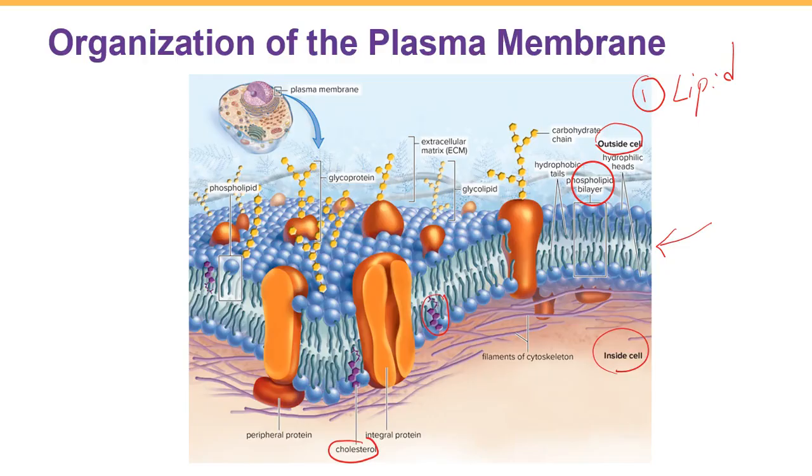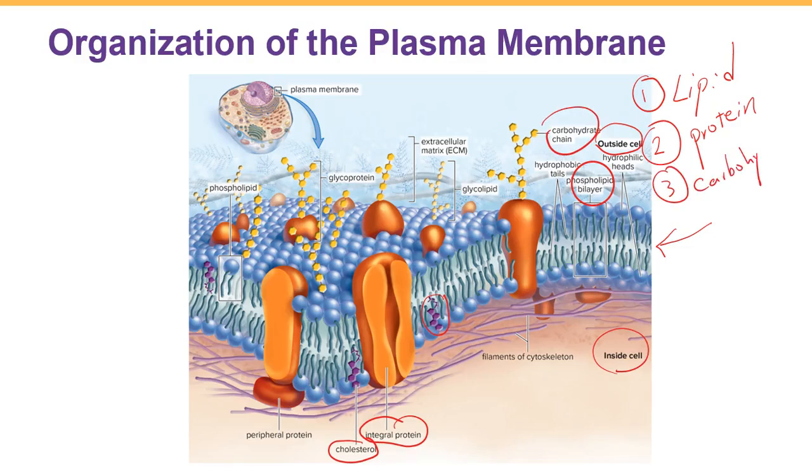Then we also find this brownish color as protein. These proteins are found in the plasma membrane, and this is the integral protein, and then these yellow chains are carbohydrate.